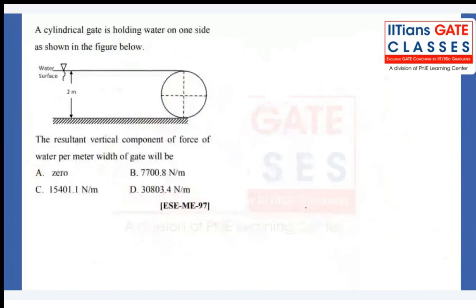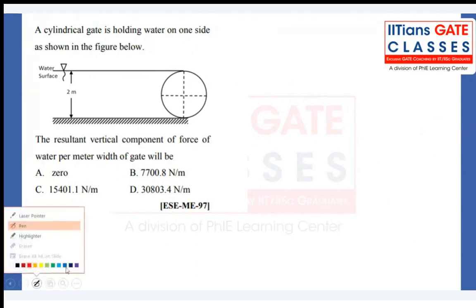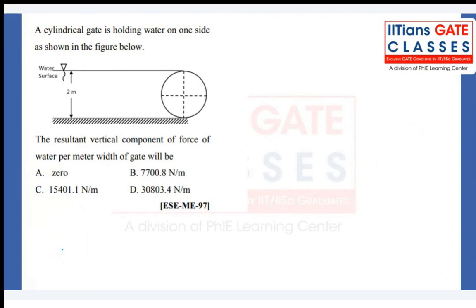So now we will see the problem that is being asked in this particular slide. Now, a cylindrical gate is holding the water on one side of the particular curved surface.